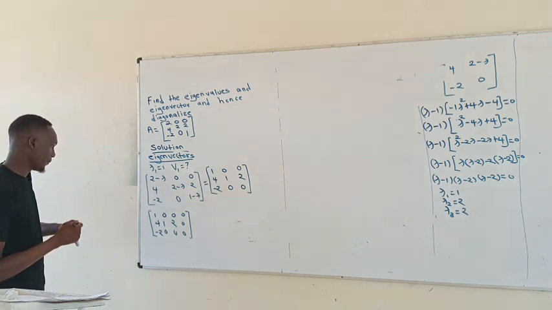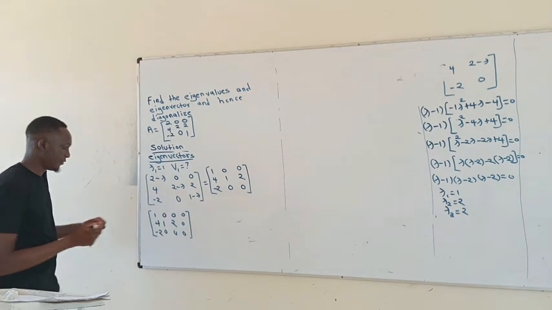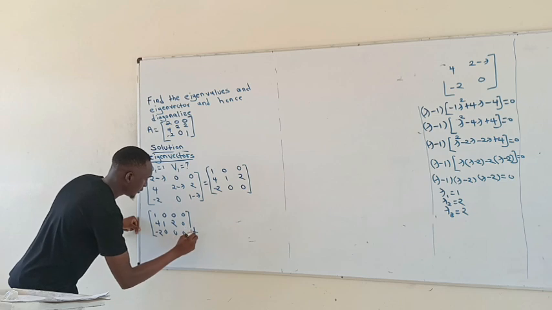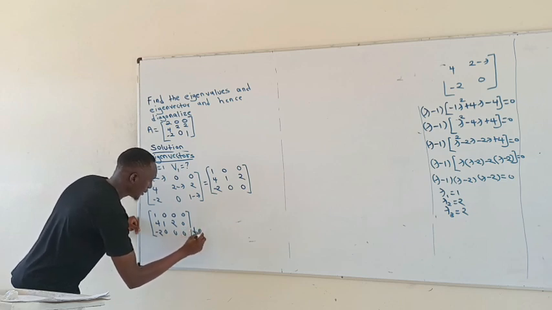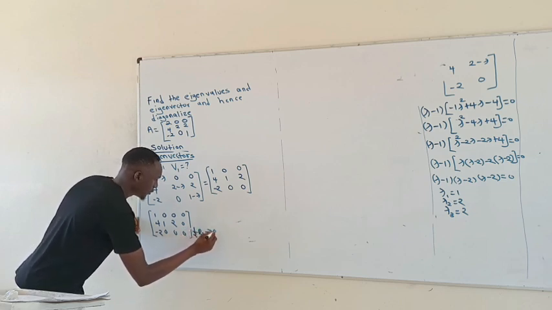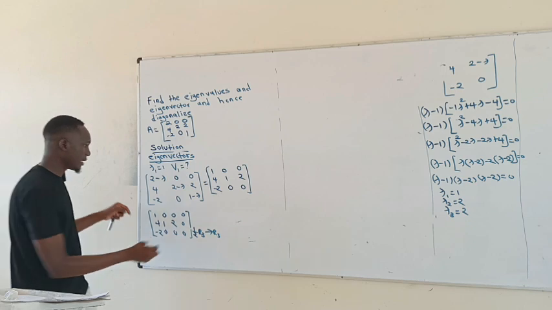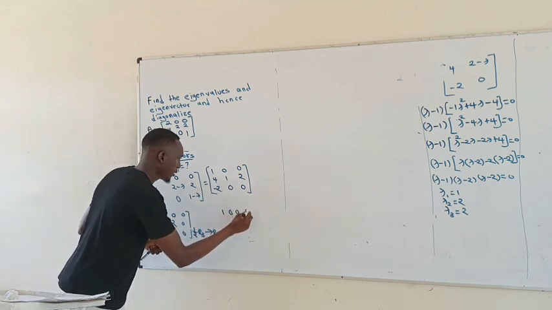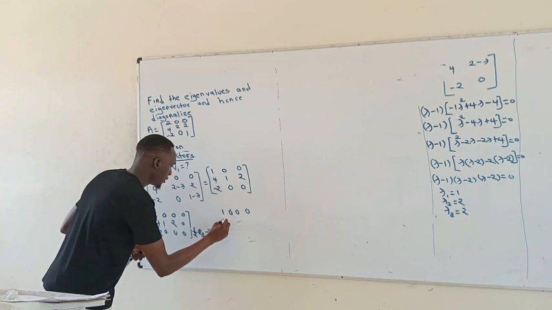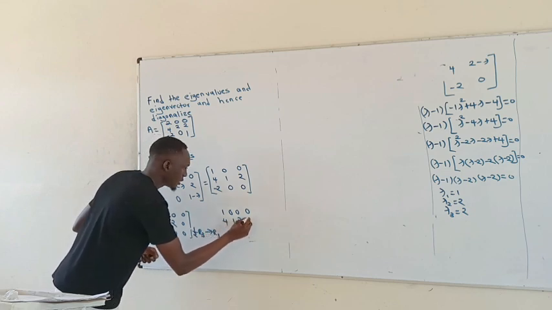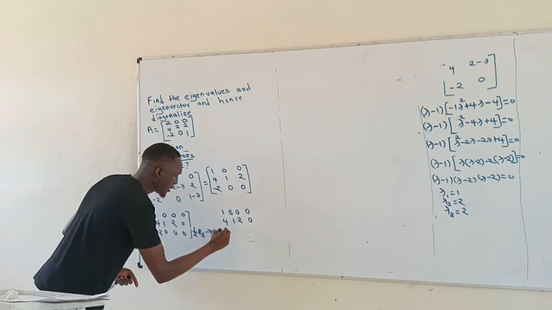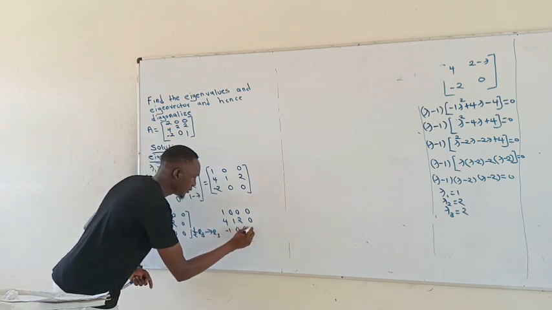Let's have a half row 3, and our answer we put in row 3. Now we maintain row 1, which is 1, 0, 0, 0, we maintain row 2, which is 4, 1, 2, 0. Then half of negative 2 is negative 1, 0, 0, 0.